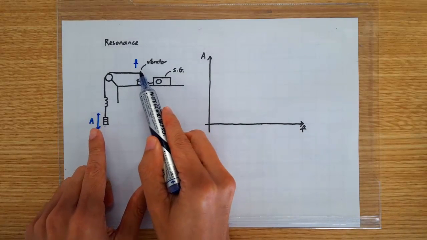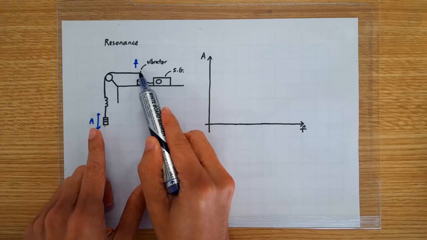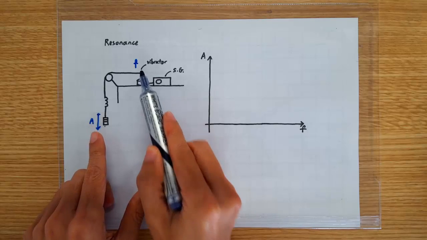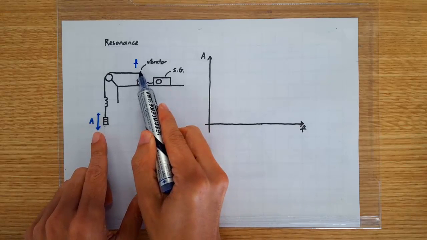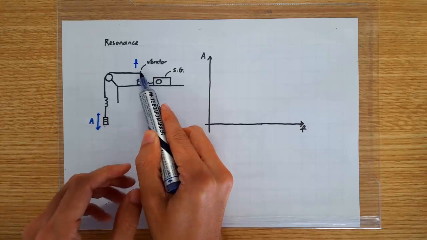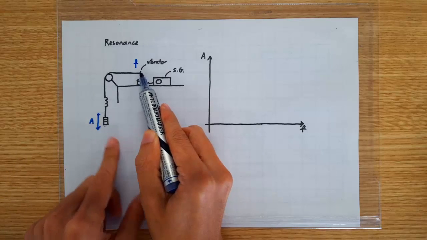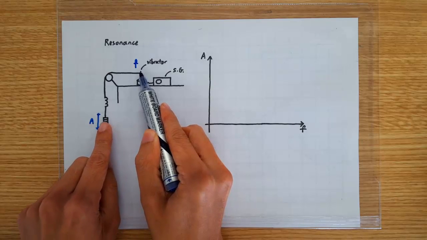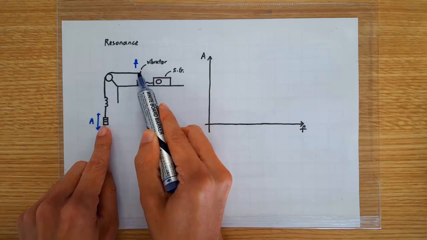Let's start with a very low frequency of driving. So imagine that this guy is doing left, right at say one oscillation every 2 hours. When you do that, then this mass is also going to do an oscillation at a frequency of one cycle every 2 hours.